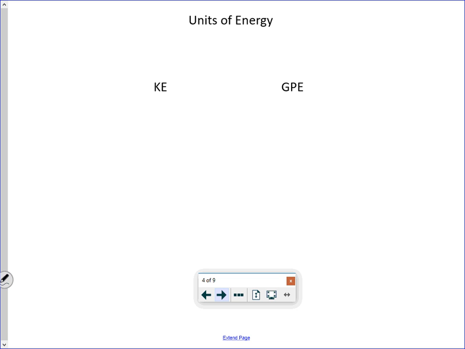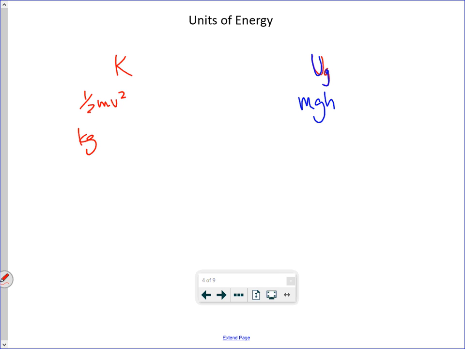Who's making these slides up anyways? What are the units of energy? Well, K and U, of course. Remember, we have 1/2 mv squared, we have mgh. Let's see, this is kilograms.